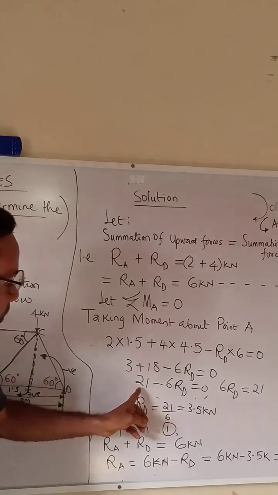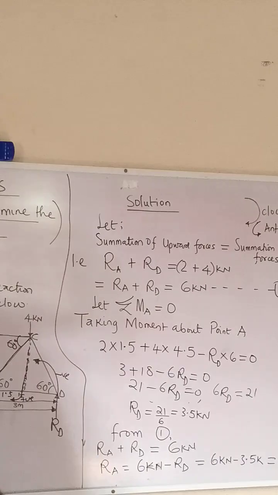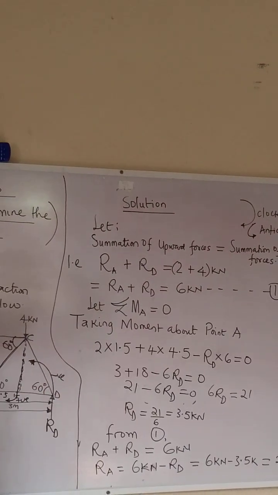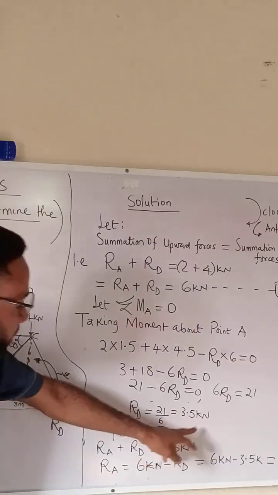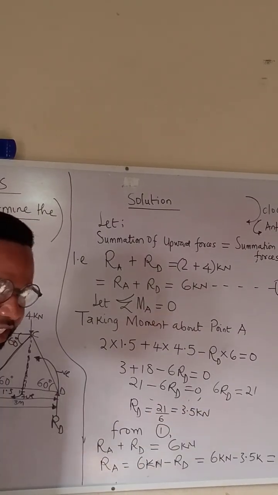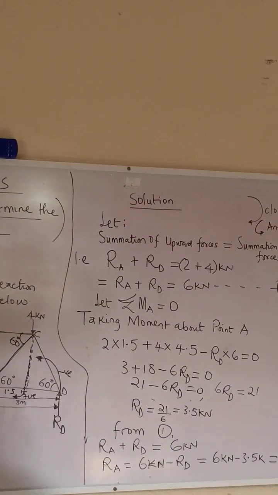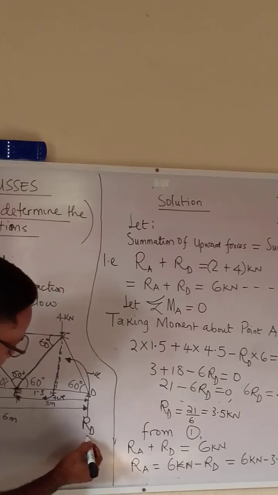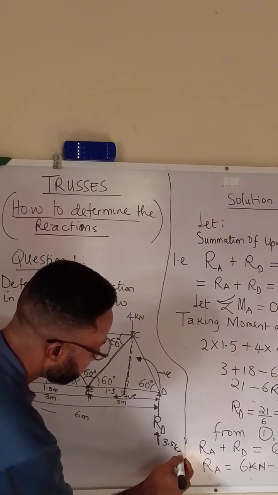The 21 crosses the sign of equality, and canceling the negative sign gives positive. Because we are looking for RD, we divide both sides by 6, and we have 3.5 kilonewton as the value of RD. So the reaction at this point is 3.5 kilonewton.